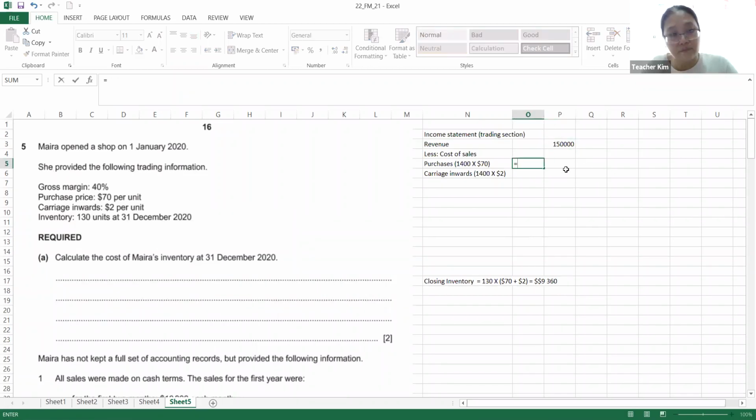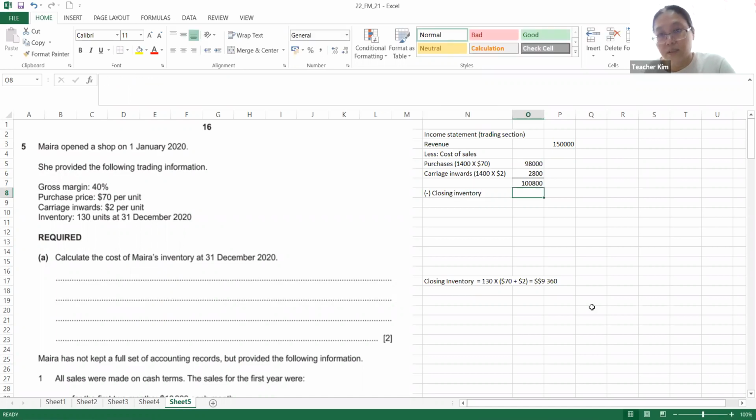Our cost, times 70. Our carriage inward times 2. So this is our total purchases, and less closing inventory, which is 9360, which we calculated here.